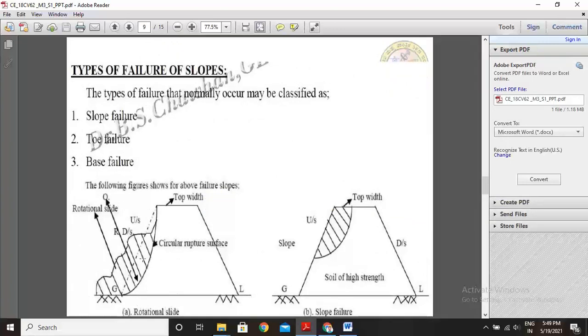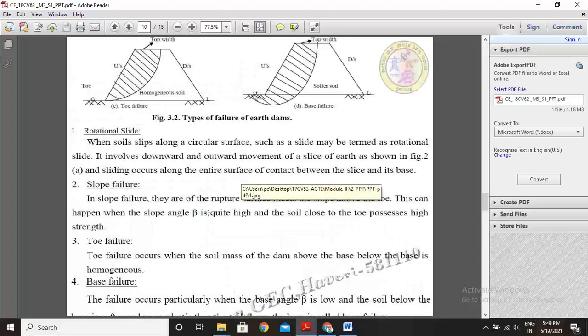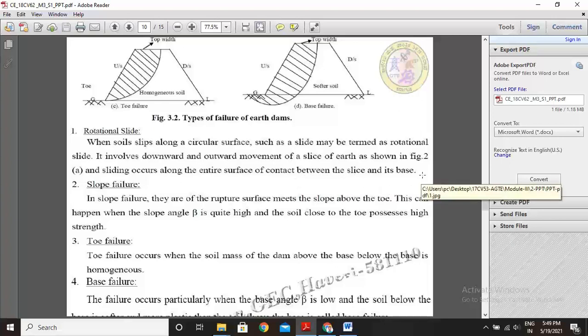See, this is the rotational failure. Sliding occurs along the entire surface of contact between the slice and its base. This is called a rotational slide.